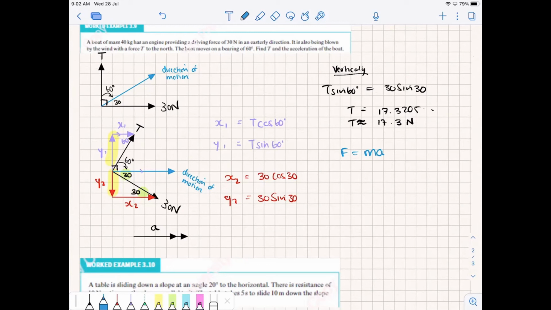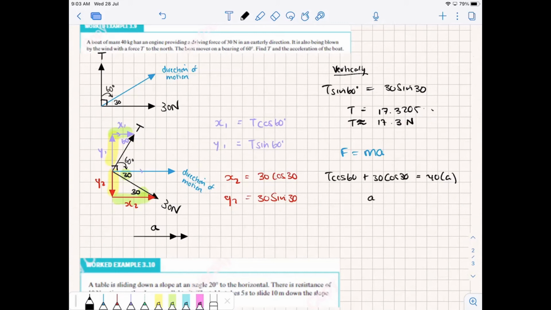The acceleration is happening horizontally, and so we need to look for all the horizontal components acting in that direction. And they happen to be the two x components here. They are happening in the direction of acceleration, both of them, so we must add them together. They will both be positive. So T cos 60 plus 30 cos 30 must be equal to the mass of 40 times the acceleration.